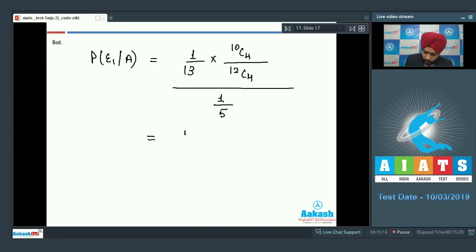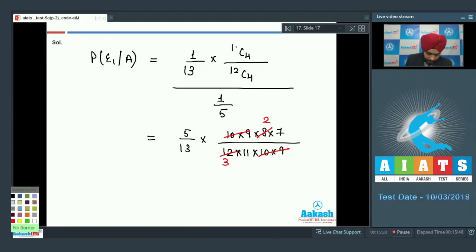So that will give you 5 by 13 into 10, 9, 8, 7 upon 12, 11, 10. So we have this getting cancelled. This is 2, this is 3. So we ultimately have the answer as 70 upon 33 into 13, 429.